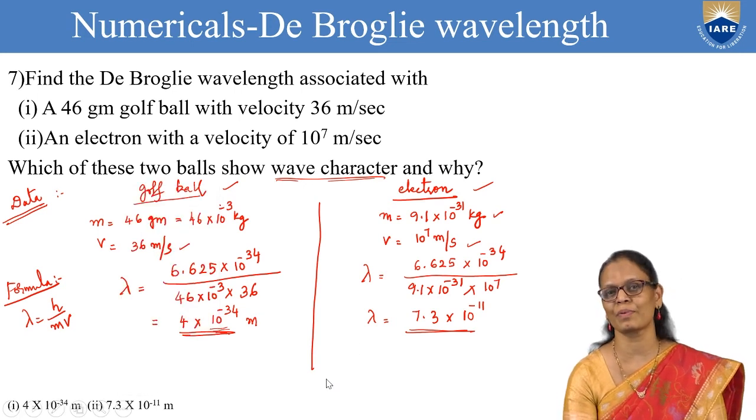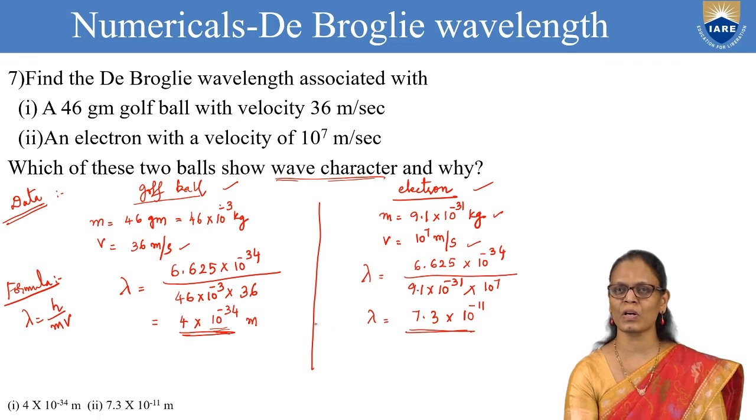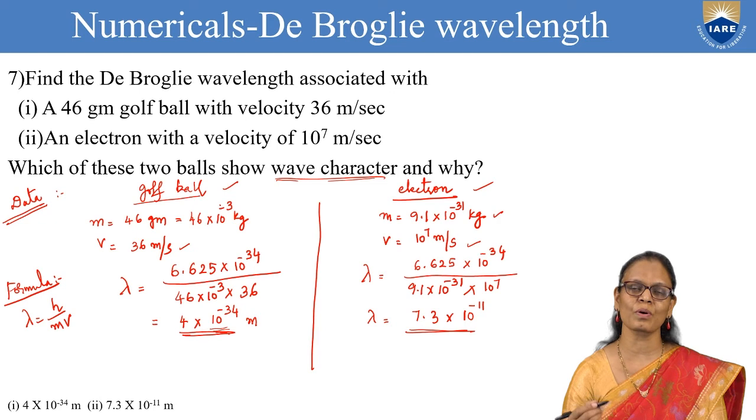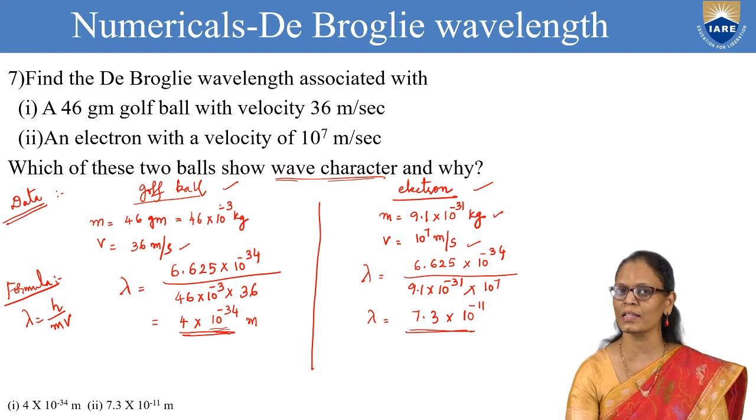That is the concept behind the wave nature. When de Broglie gave it, it can be applied to microscopic as well as macroscopic objects, but only if the wavelength matches the size of the object will you see the wave nature.